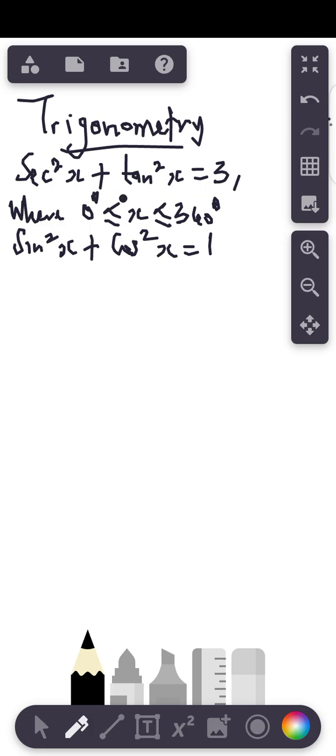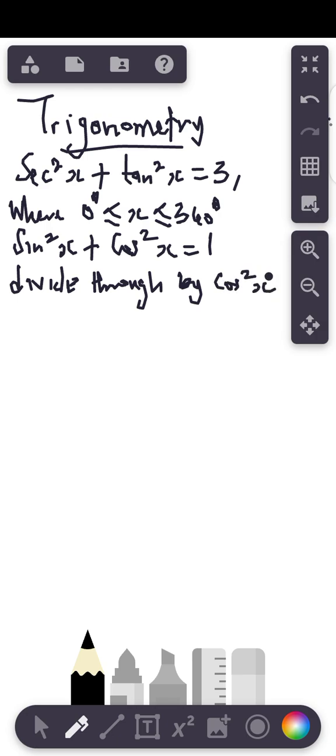Okay, we have tan squared x. Actually, if we divide through by cos, we can get tan squared x. So let's divide through by cos squared x.